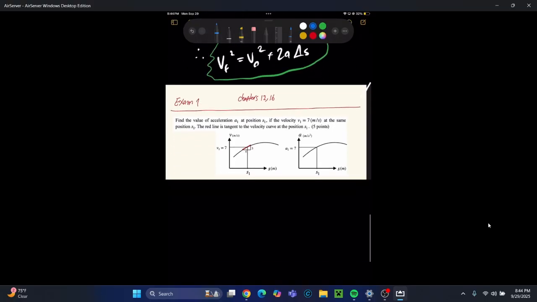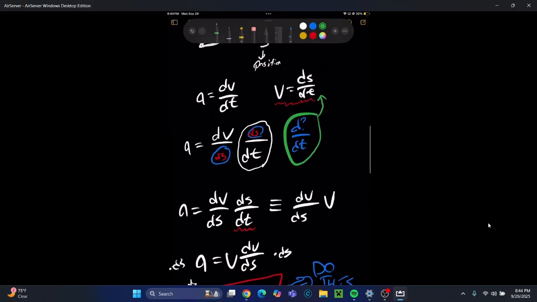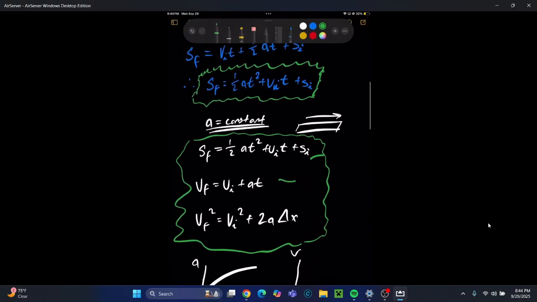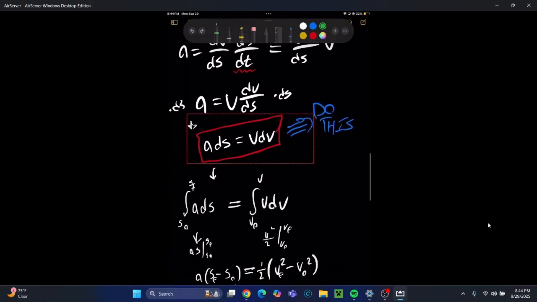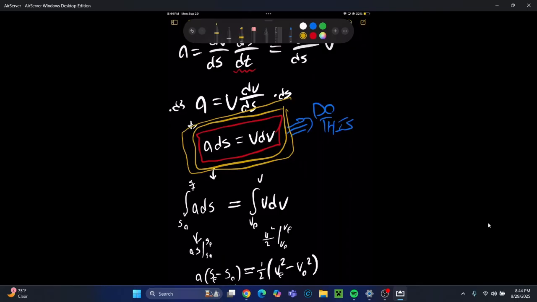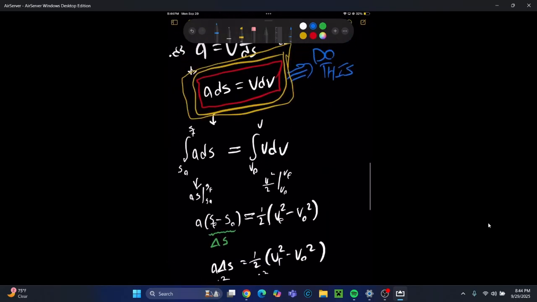So, if you're wondering, okay, well, if we don't have time, I can't use half of my kinematic equations. They all have time. And my acceleration isn't constant, so I actually can't use any of them. So what am I gonna do? Well, if you have eyeballs, you probably can think of what equation.